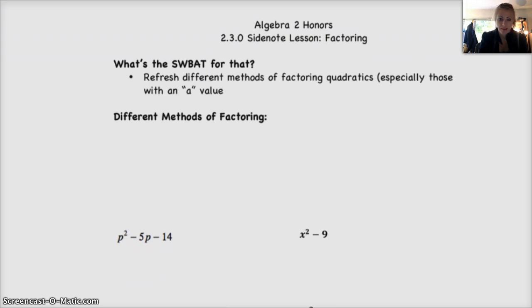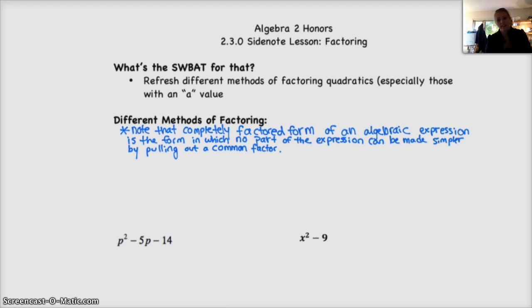All right, so different methods of factoring. You got all sorts of different ways to factor. I just want you to have this just in case you wanted it, but the formal definition of what factoring actually means is basically that you get everything in a form that no part of the expression can be made simpler by pulling out a common factor.